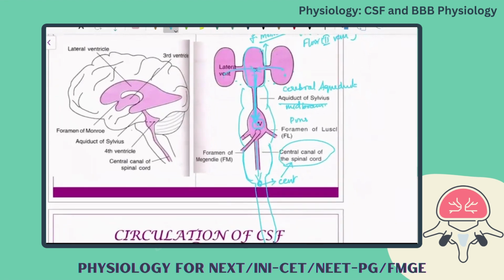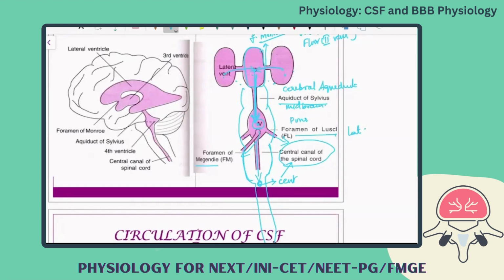And apart from these foramens and the cerebral aqueduct, you have the foramen of Luschka laterally and the foramen of Magendie from the medial aspect. This is the one which is bringing the CSF from the deeper structures of the brain into the meningeal layer.